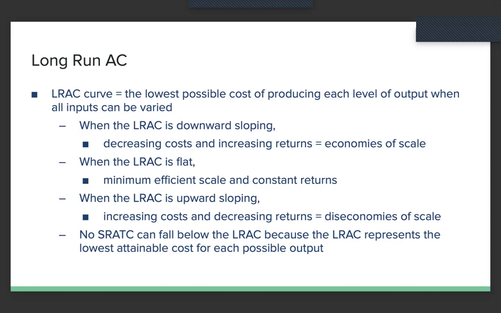However, in the long run, when both factors are variable, we know how to optimize the quantity of both factors. So we know how to reach the lowest possible cost by optimizing the quantities of both labor and capital. And that's why the long run average cost curve is just all the points where the cost is minimum. And we'll see. So the long run average cost curve has 3 different parts to it. And we'll see what that looks like in just a sec.